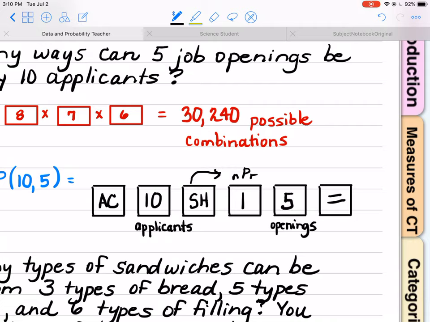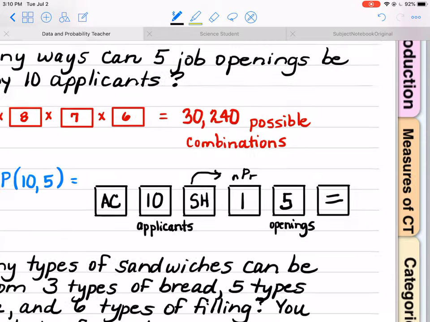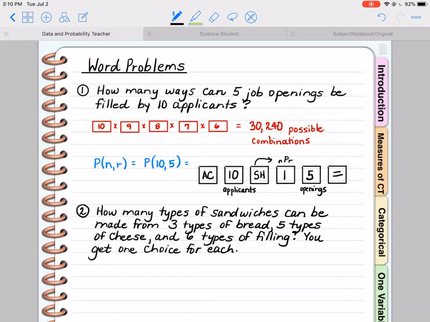So you type in all clear, 10, shift 1, 5, equals, and you get that same answer, 30,240. So you can do these problems either way. If you like the red way, that's fine. If you like the formula way, that's fine too.